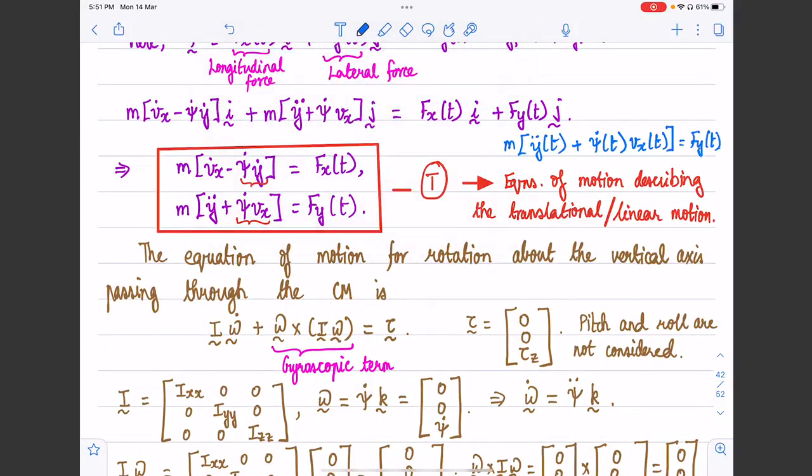Now you can immediately observe this term is a product of two functions of time. It becomes nonlinear. On the other hand, when Vx is constant, it becomes a constant times psi dot, so it becomes a linear function. I hope that clarifies the question.